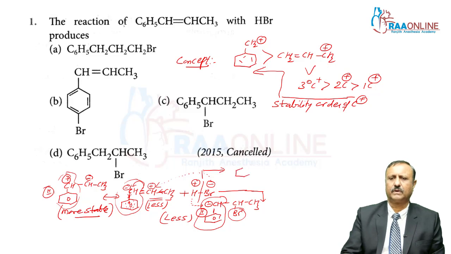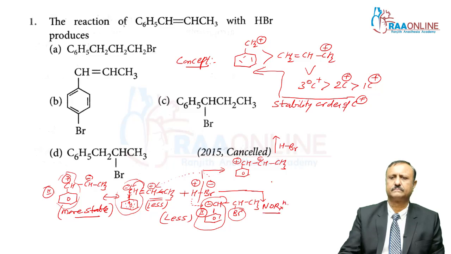You can form the CH plus, CH minus and CH3 and it reacts with this HBr. Here no reaction takes place.